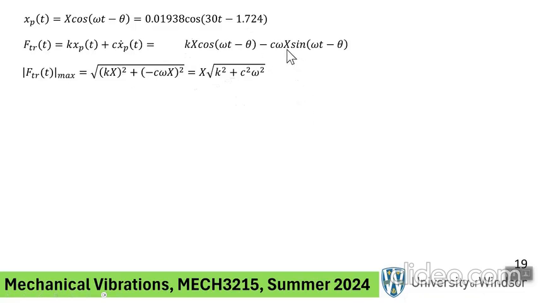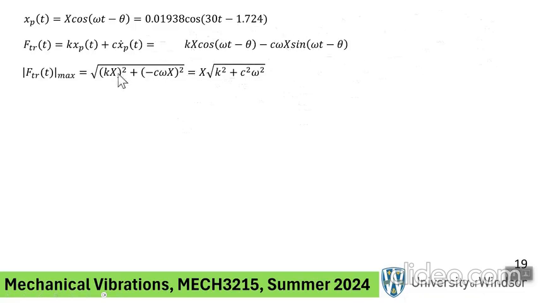Okay, the easiest way to see that is again to factor out the square root of (kx) squared plus (c omega x) squared, and then it becomes kind of easier in that sense.